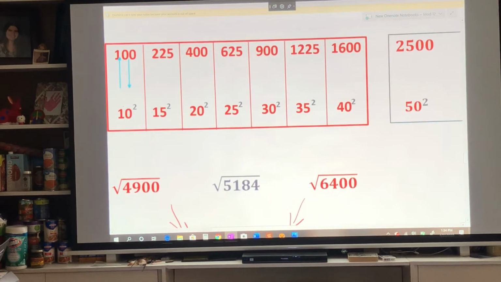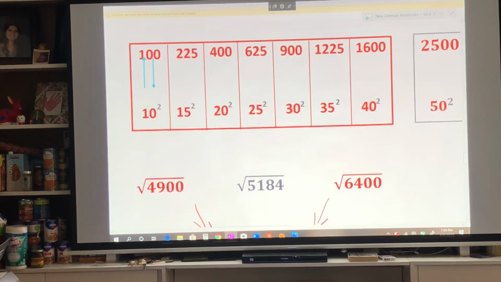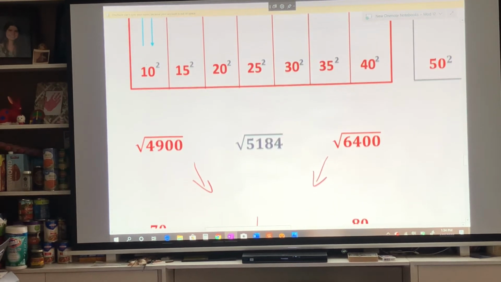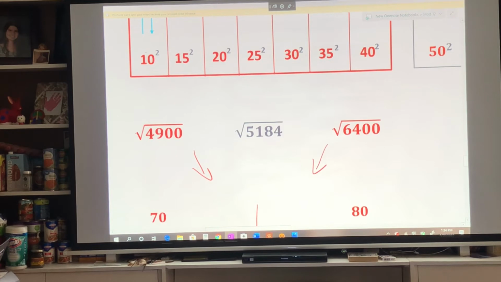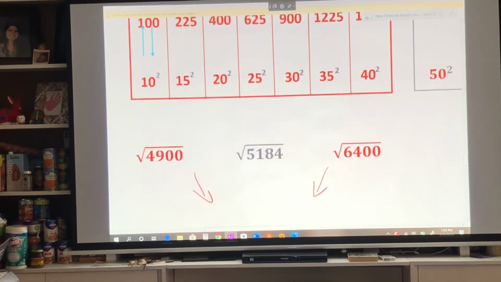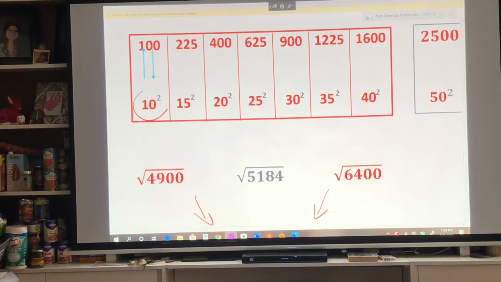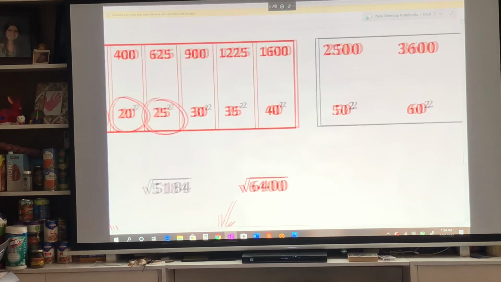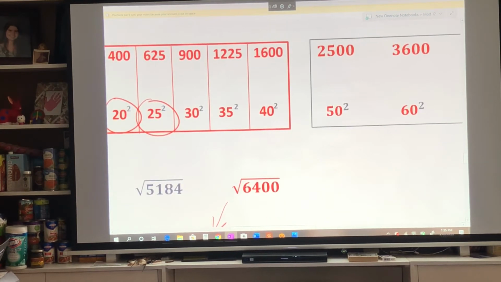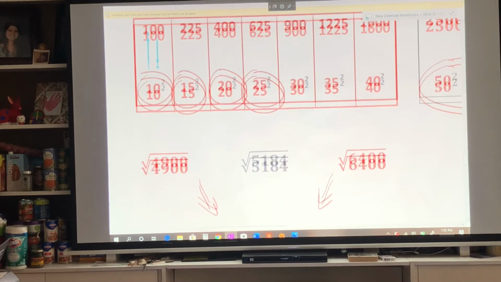Okay, so you come over here, and we say that it's between 70 and 80. Before we were going by fives over here, 10, 15, 20, 25. Here we're going by tens. No big deal, just a bigger area to look for the number in between.